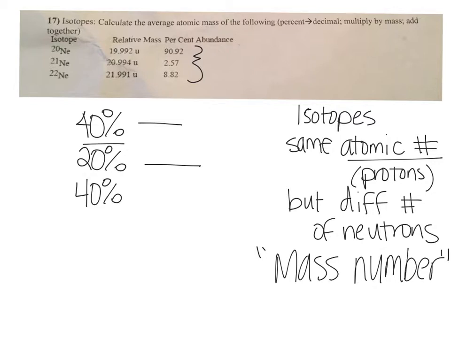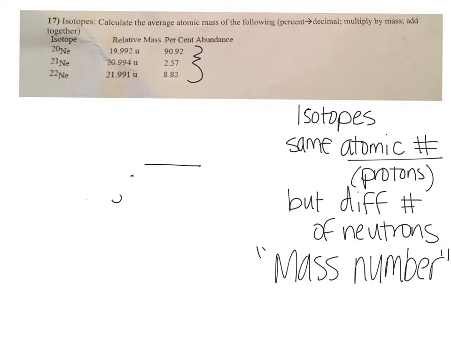And that's because these are weighted differently, right? So same thing with isotopes. If you have different abundances, okay, they're going to affect that molar mass that we get to see on the periodic table. So when you are asked to find your average atomic mass, I put the steps together for you in your problem. I say percent to decimal, multiply the mass, add together. And it's really just that simple.